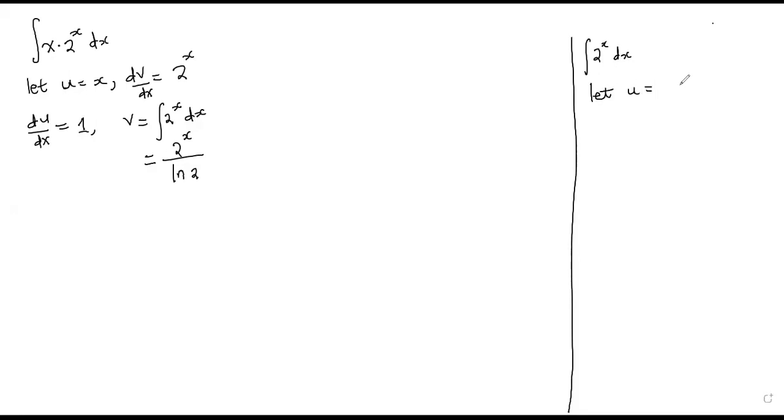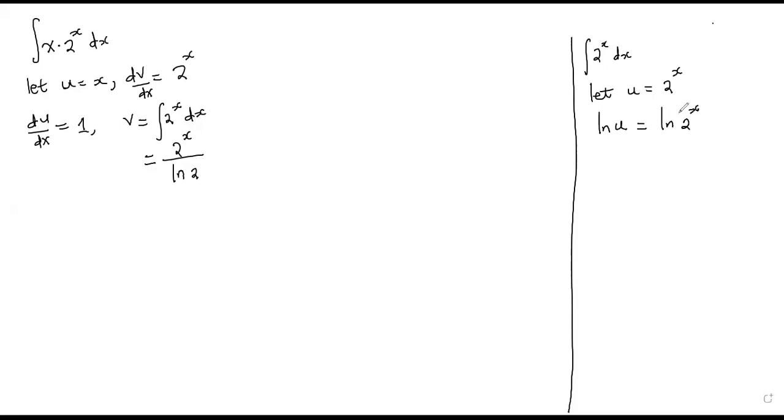So u will equal 2 to the power x. Then introduce ln both sides. So it will be ln u equal to ln 2 to the power x.